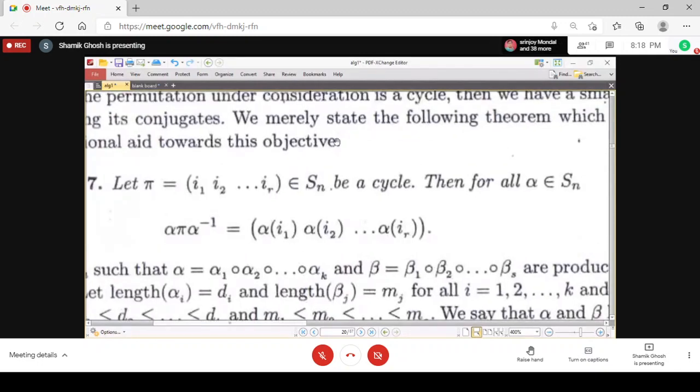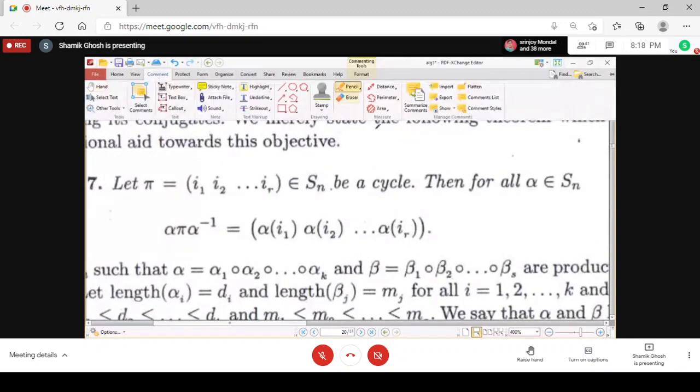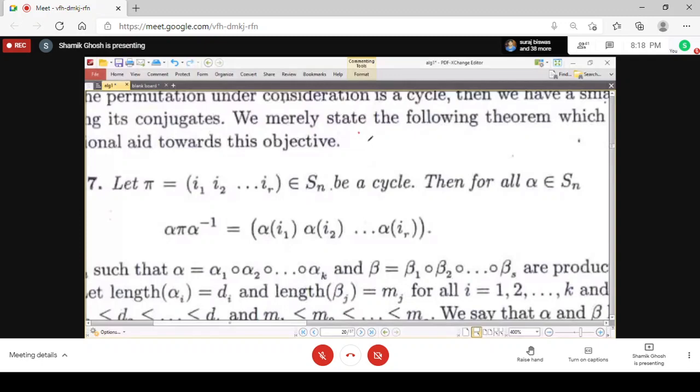For example, suppose I consider pi equal to, say, (1 4 3 2), and suppose alpha is, say, (1 2 3). Then what is alpha pi alpha inverse?